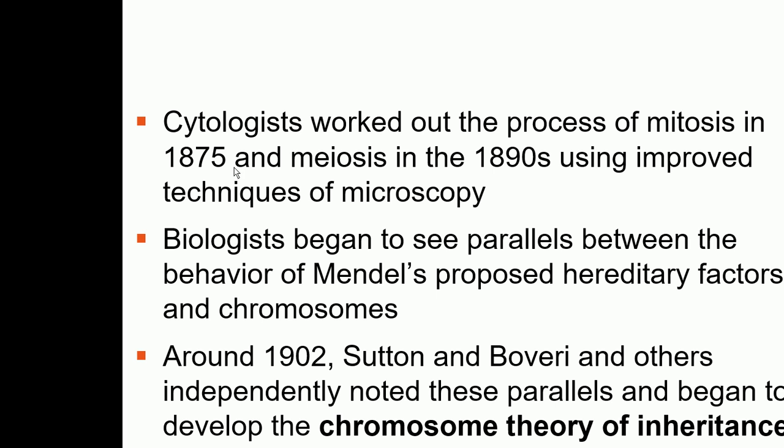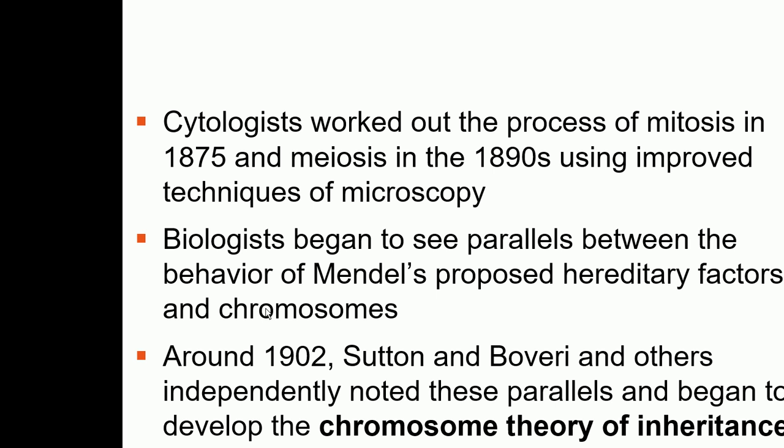And around 1875, the cytologists worked on the process of mitosis, and then in the 1890s people came to know about the cell division meiosis. Then people started coming to know that these heritable factors, which we now know are genes, are located on the chromosomes.